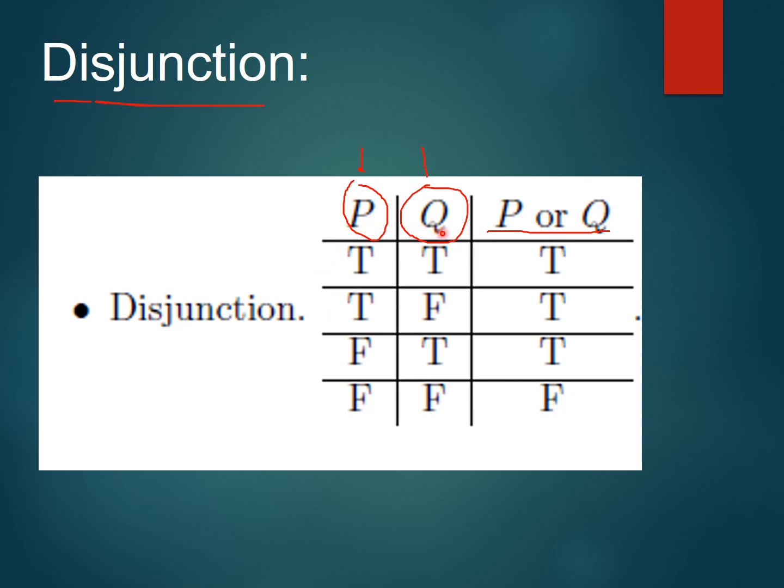The number of rows can be obtained by 2 power 2, that is 4. And these are all the possible combinations of two propositions.